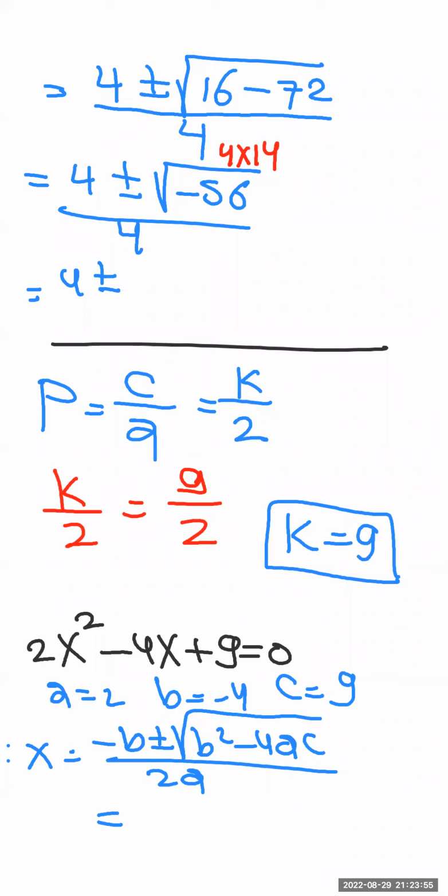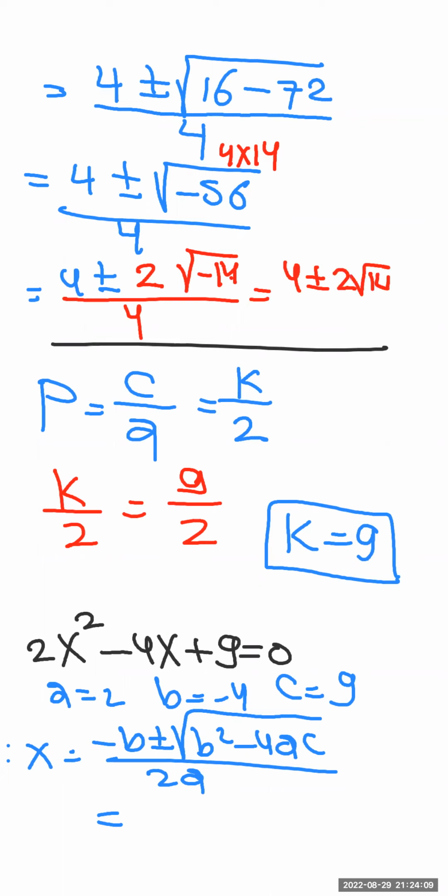So 2 times the square root of negative 14 over 4. Now it will equal 4 plus or minus 2 square root of 14 i over 4. After simplifying, x will equal the two roots.